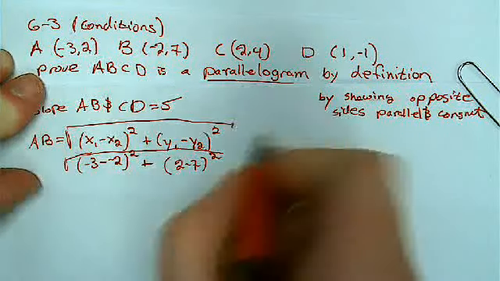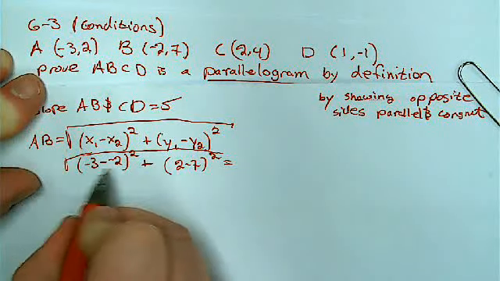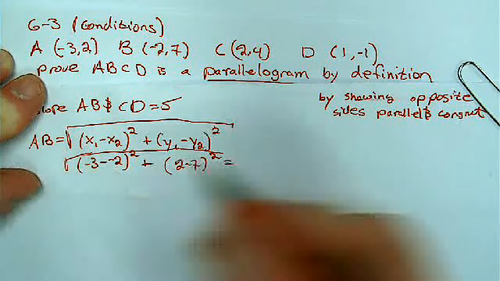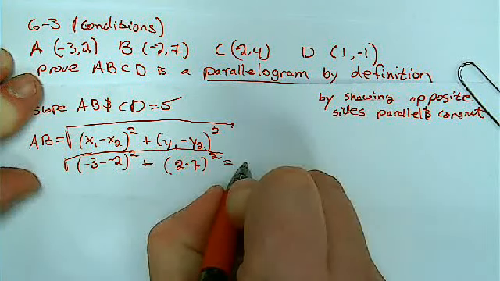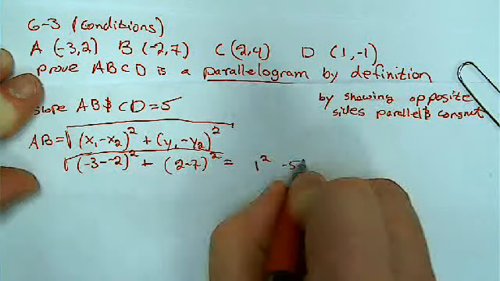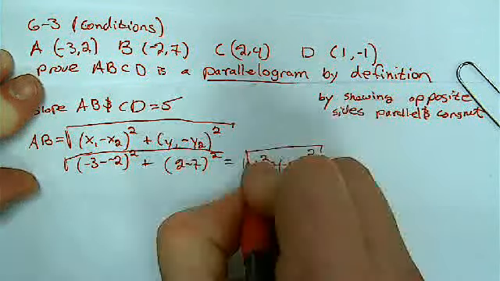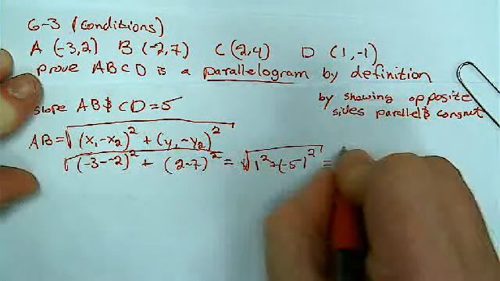Let's see. I'm going to go across here and clean this up. -3 minus -2 is plus, so that becomes 1. 2 minus 7 is -5. So that becomes the square root of 26.